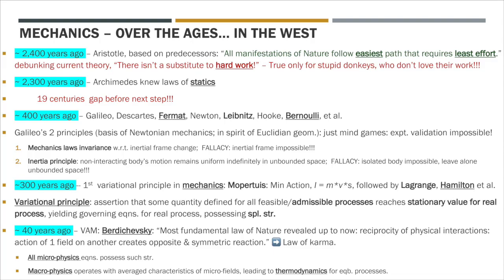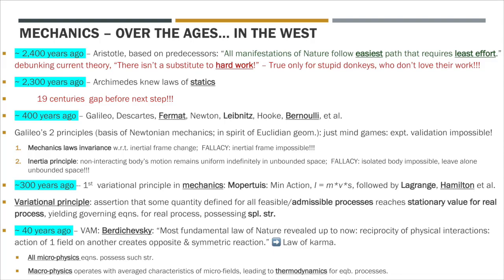Then 100 years later, about 300 years ago that is, the first variational principle in mechanics was given by a person whom, unfortunately, even those of us working in mechanics hardly hear about. That is Maupertuis. Maupertuis was the first person who introduced this concept of the product of mass, speed and distance. Very funny quantity.